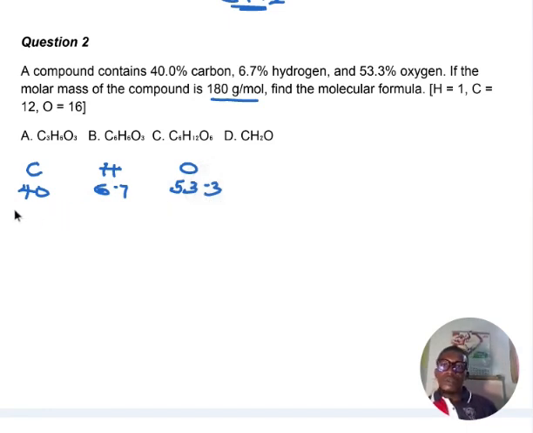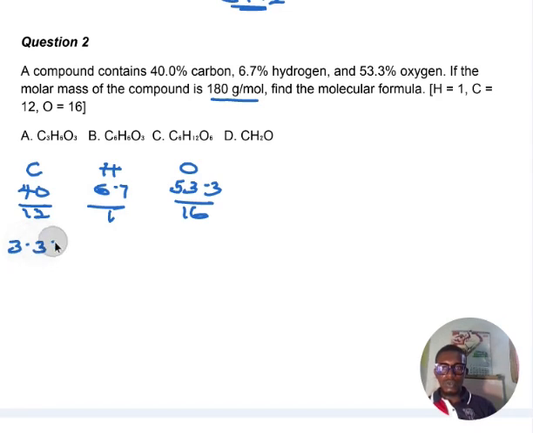So the first step, like I told you, is you divide by the atomic mass of each of the elements. When you do 40 divided by 12, let's use our calculator, you're going to get 3.3333.